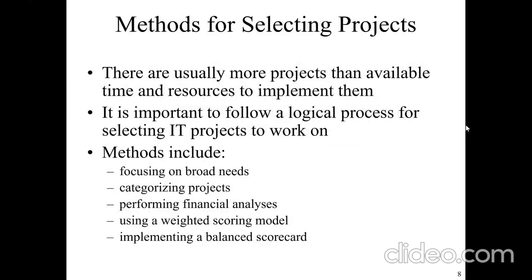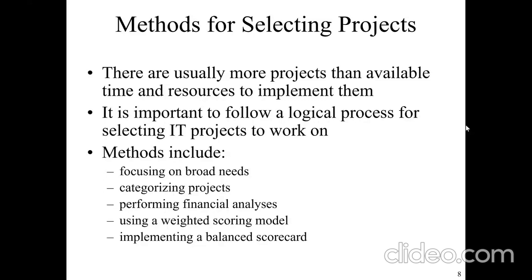So these are methods for selecting projects. There are usually more projects than available time and resource to implement them. So as I said earlier, you might have a number of projects that you want to do, but because of time and also money or resources, you cannot implement all of them. So you need to select one of them. So it is important to follow a logical process for selecting IT projects to work on.